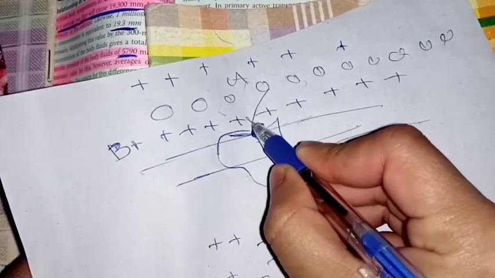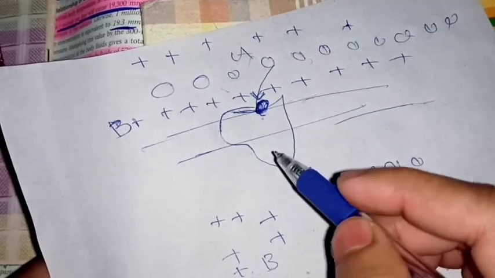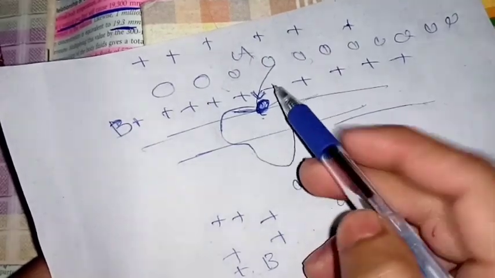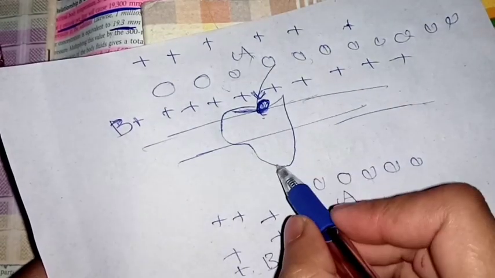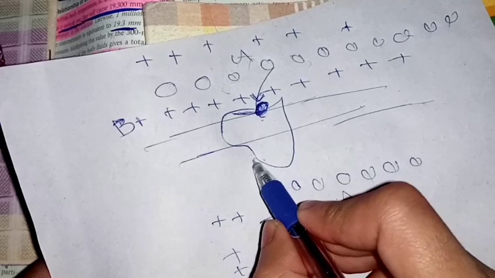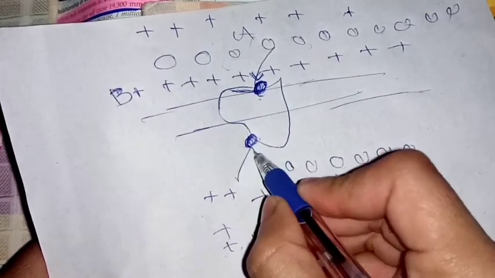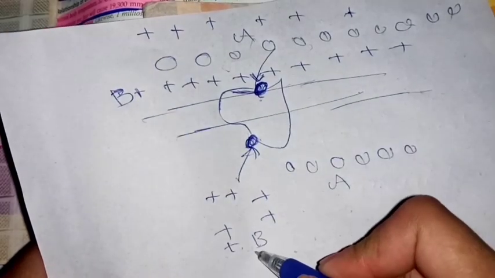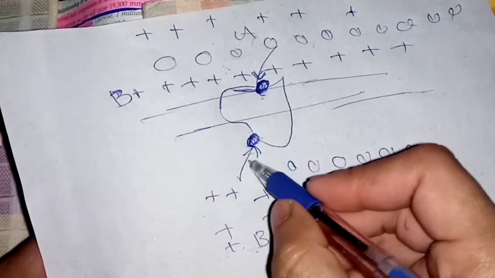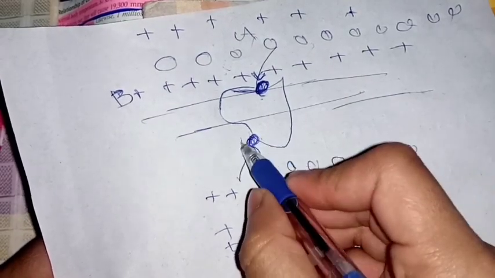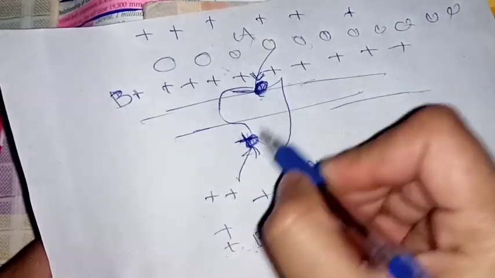But this carrier protein has such a conformation that it will not carry substance A until substance B is attached to the receptor on the inside of this carrier protein. Substance B is in less concentration on the inside and more on the outside. So substance B will attach to the inside and substance A will attach to the outside.